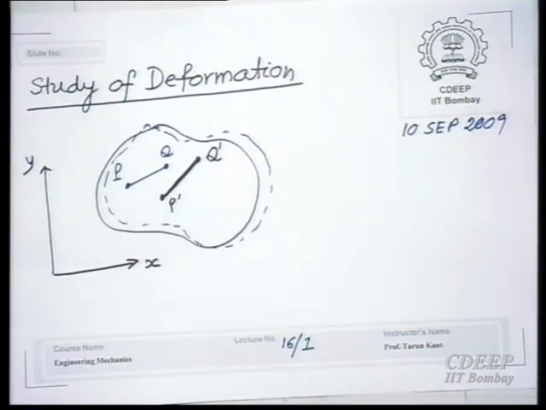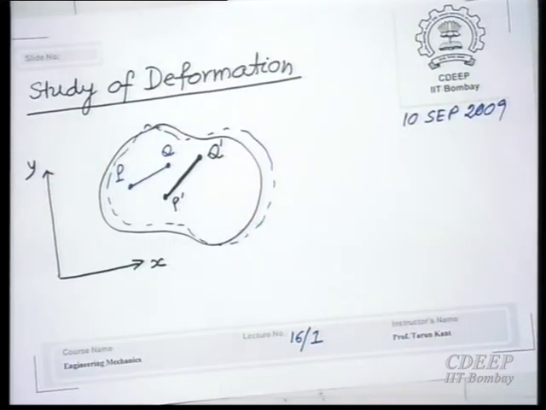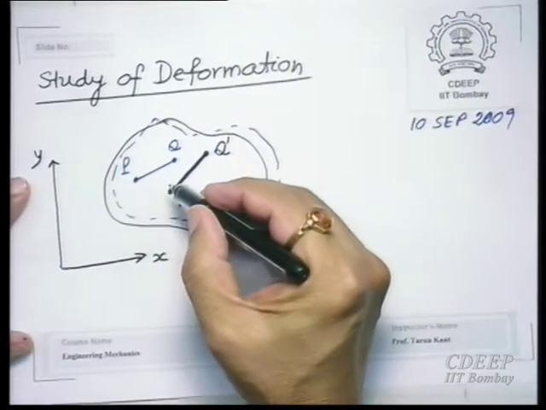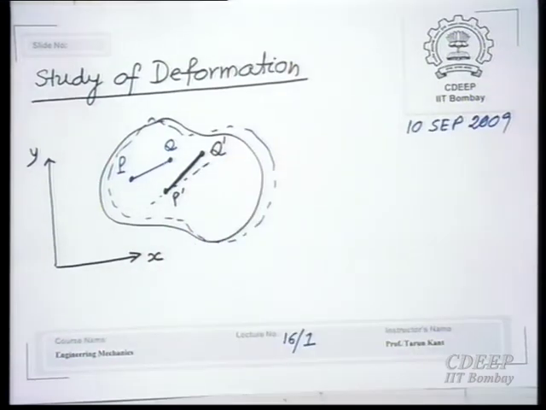So this PQ will first of all undergo a change in length, and it will also undergo some amount of angular change. It will not remain parallel to the original. But we are assuming that this angle by which it rotates is small. What did I say in the beginning? Small deflection theory.